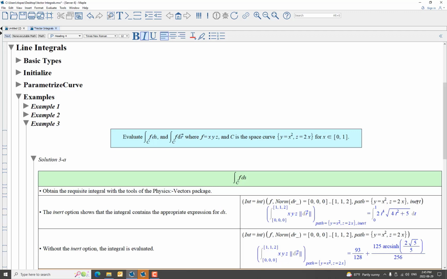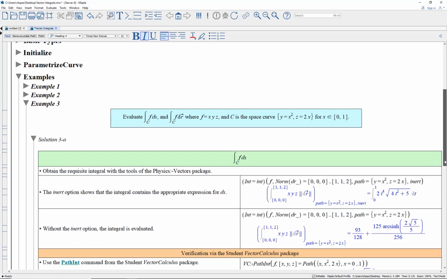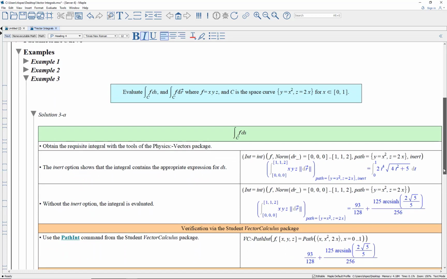If you remove the inert option, then on the right-hand side with little i, you get the value of the integral. We can verify this with the path_int command in the Student Vector Calculus package. Path_int, there's your scalar, xyz.